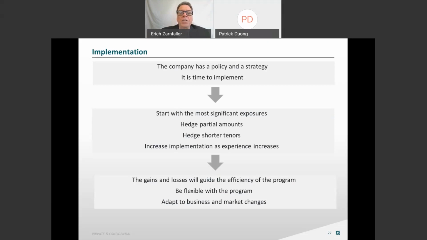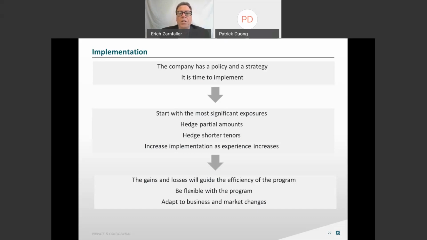If you have a policy and a strategy, you have the necessary information to outline the implementation. At first, the most significant exposures can be selected, and perhaps only a percentage of the notional hedged. A shorter time frame could be selected at first to test the program's effectiveness. As confidence and experience increases in the program, the amount hedged can be increased and tenors extended.